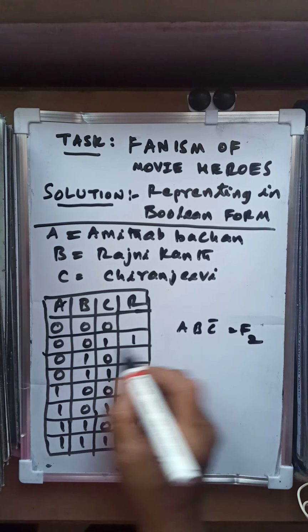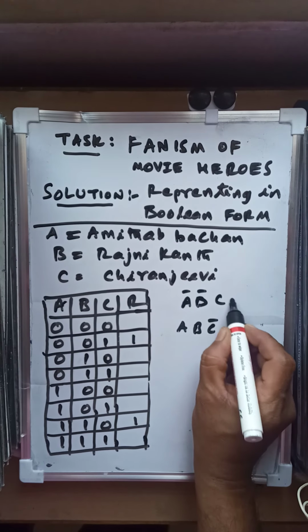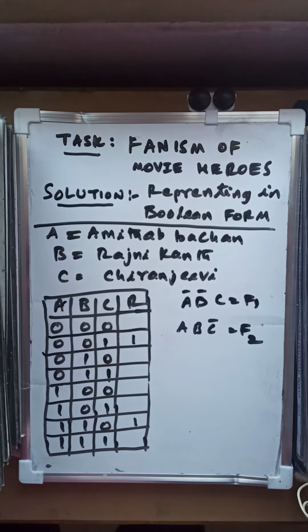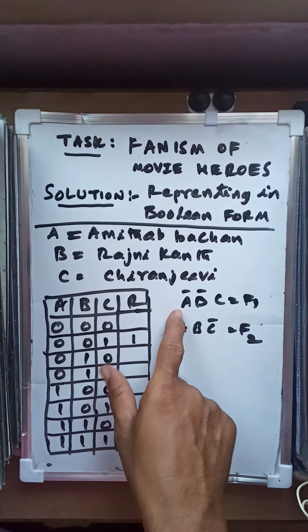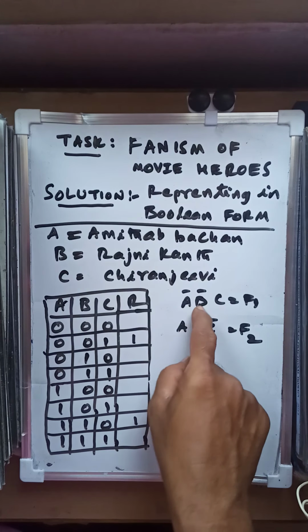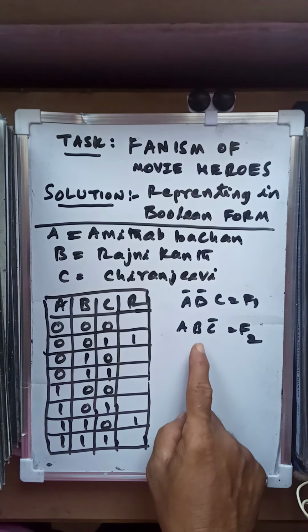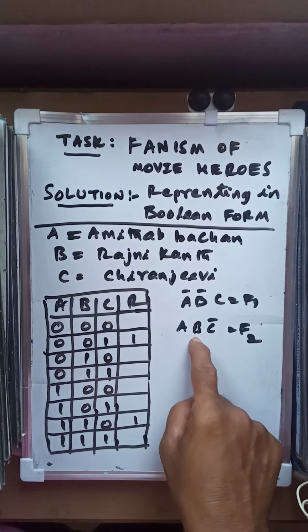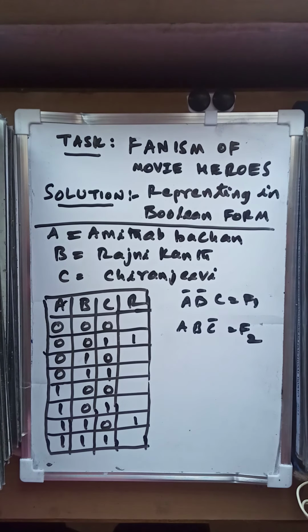In the previous function, A bar, B bar, C is function 1. Function 1 is a fan of Chiranjeevi only, and at the same time a non-fan of Amitabh Bachchan and Rajnikanth. The second task is a fan of Amitabh Bachchan plus Rajnikanth and at the same time a non-fan of Chiranjeevi, that is A, B, C bar.